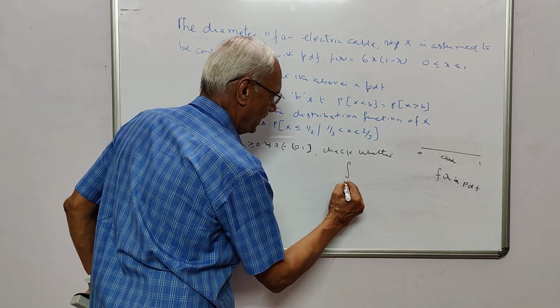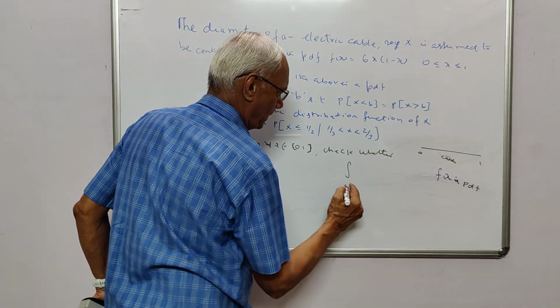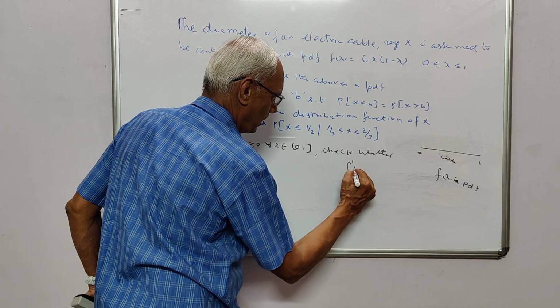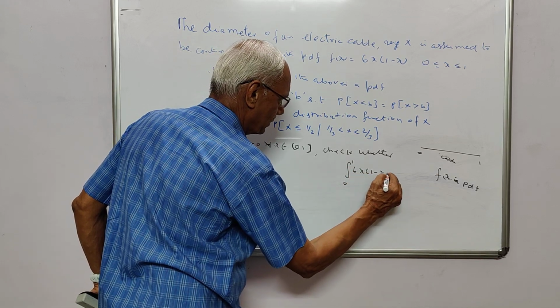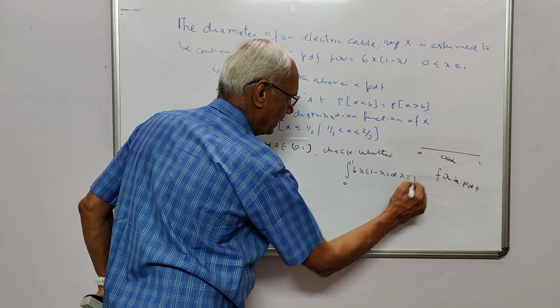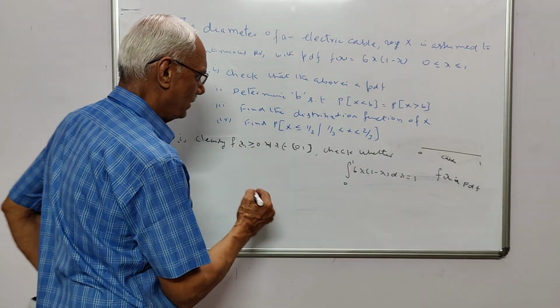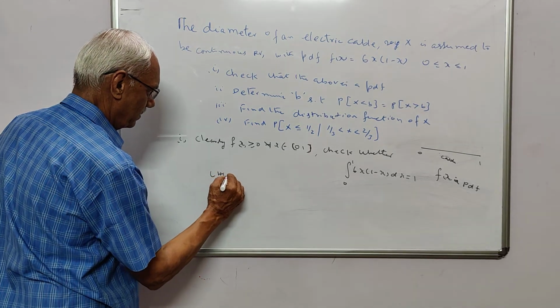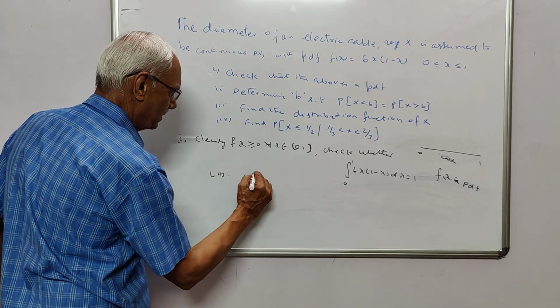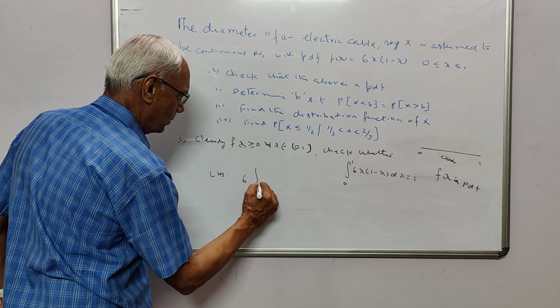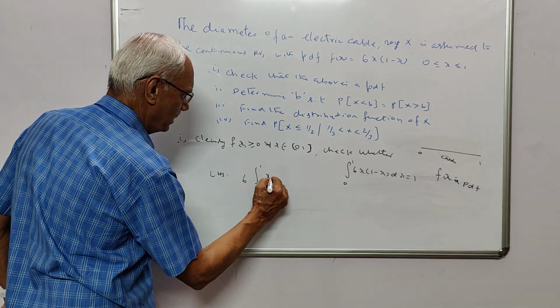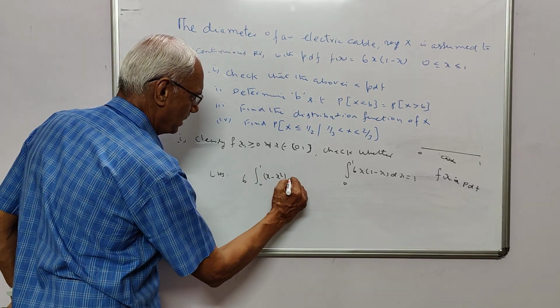whether the integral from 0 to 1 of 6x into 1 minus x dx is equal to 1. Check whether this is true. Now what is your LHS? Take this 6 outside. You can do it in any way you want.